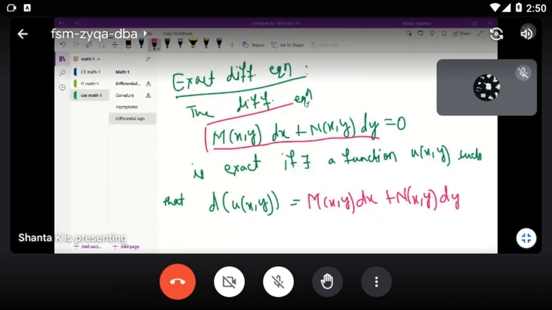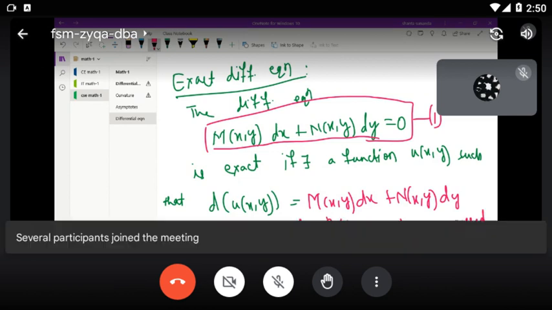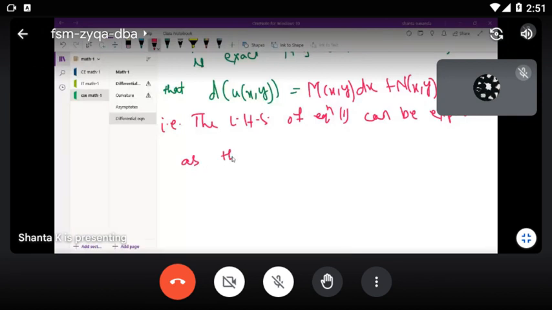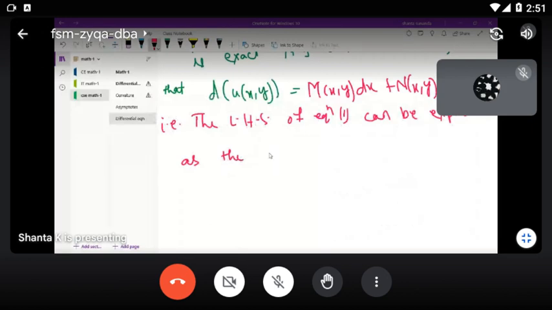As I said, the left hand side of equation 1 can be expressed as an exact differential.